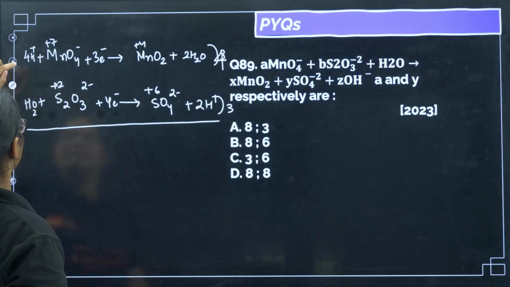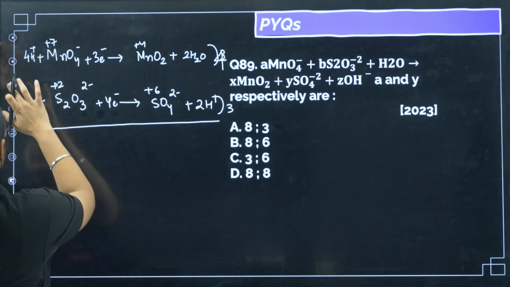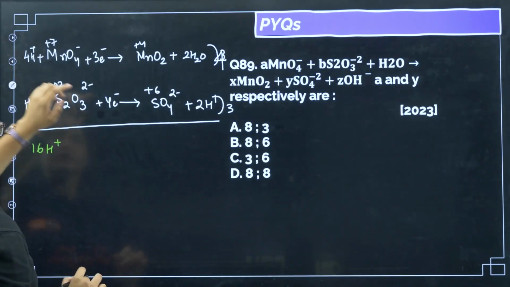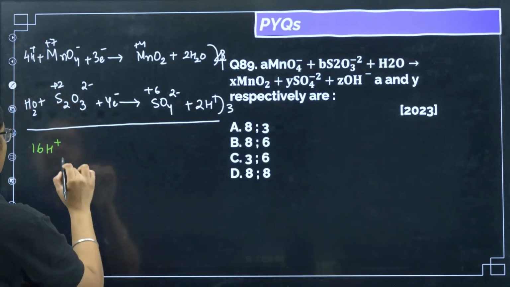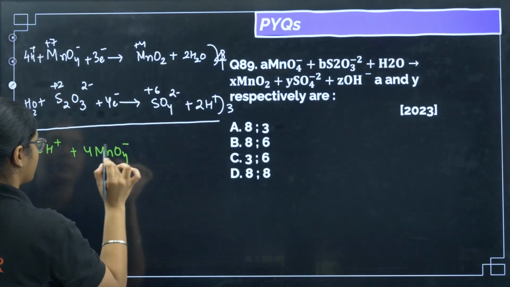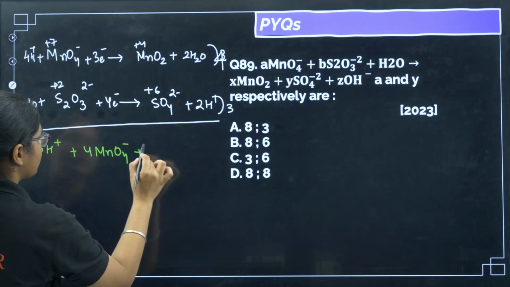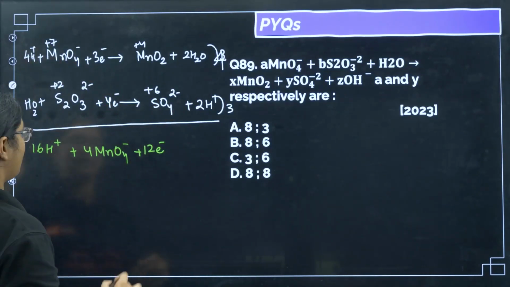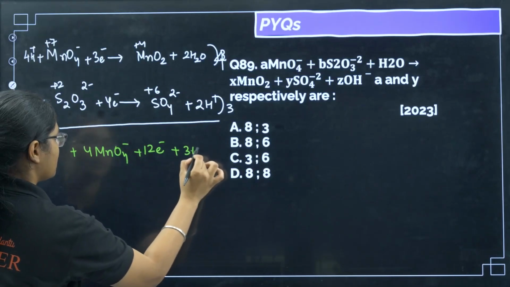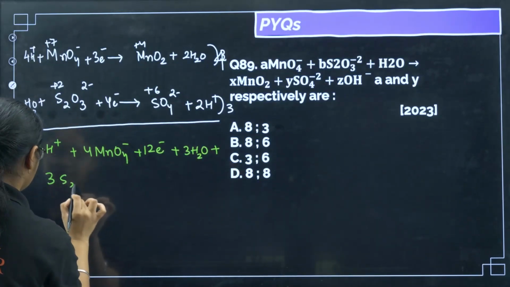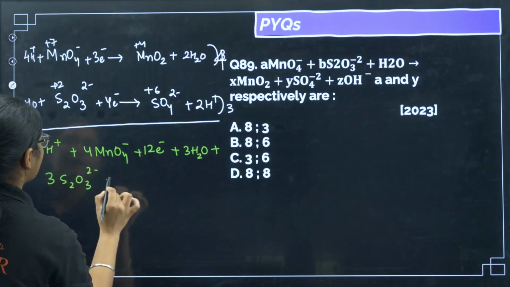So if I just multiply directly, I will get 16H+, 4 4s are 16, then I have 4 MnO4-, then I have 12 electrons, and here I have 3 water, and then I have 3 S2O3 2-.